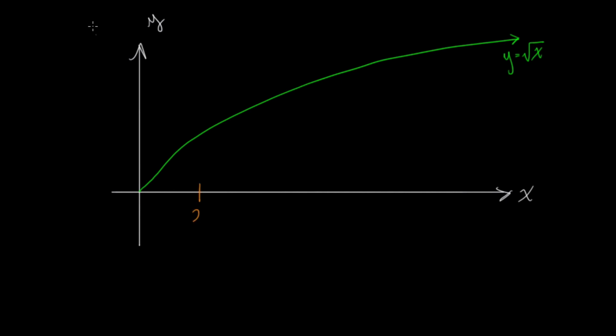At 1, this graph is at 1, so the point 1, 1 is here. Since we're moving it up 1, the new value of f of x will now be 2, and it'll start here, more or less.